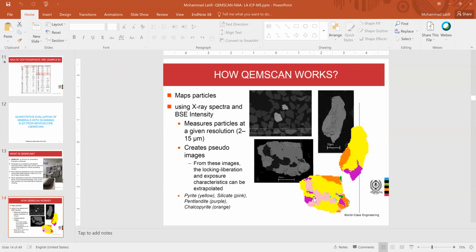For example, if you just look at the purple color, purple here is more than the purple color here, even though it is a two-dimensional picture. In this particle, you don't have pink color, which is silicate, but here you have it.